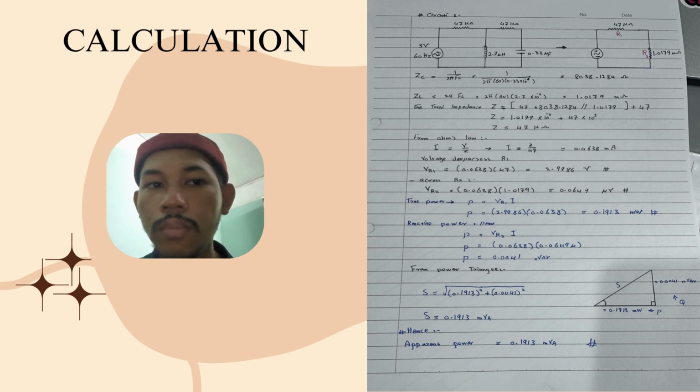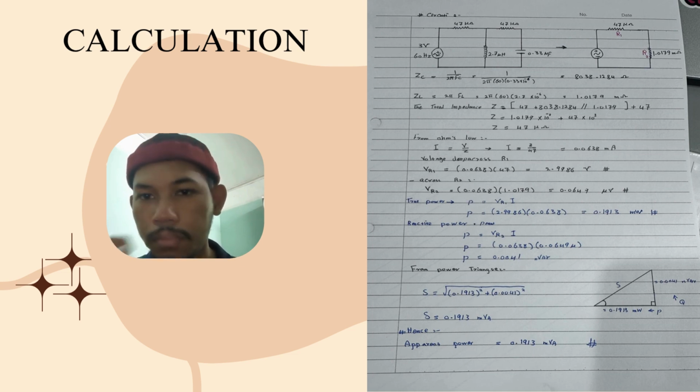Next, step 2, calculating inductive impedance ZL. The inductive reactance is ZL equals 2 pi times frequency times value of inductor, with inductor value 2.7 times 10 power of negative 6 henries.